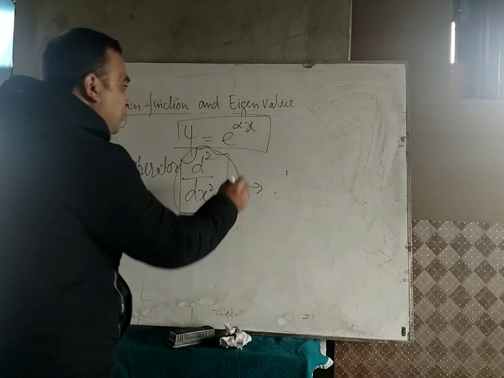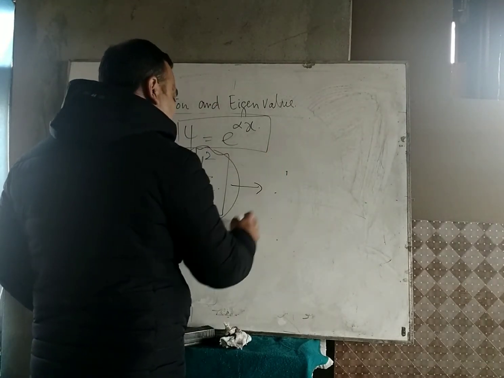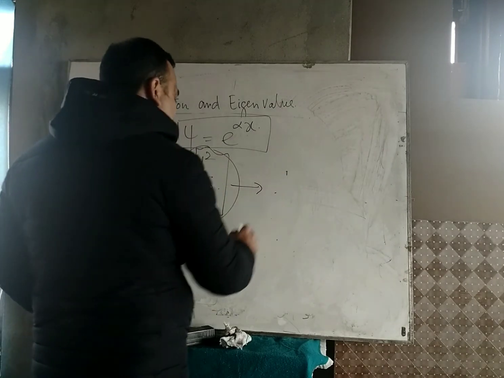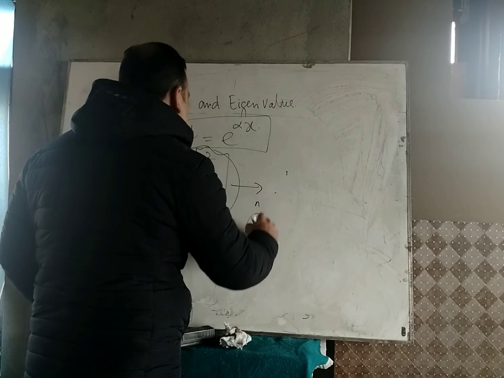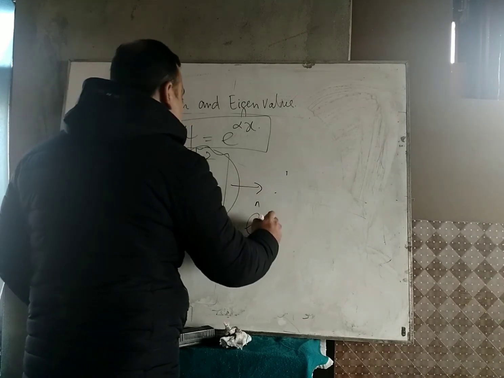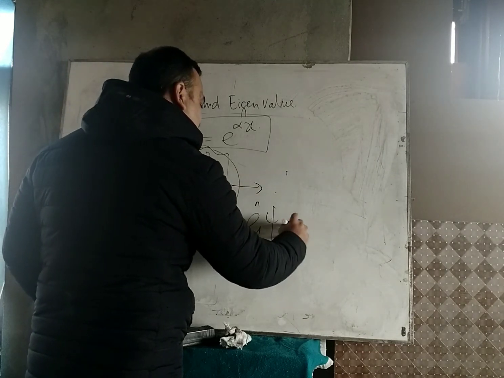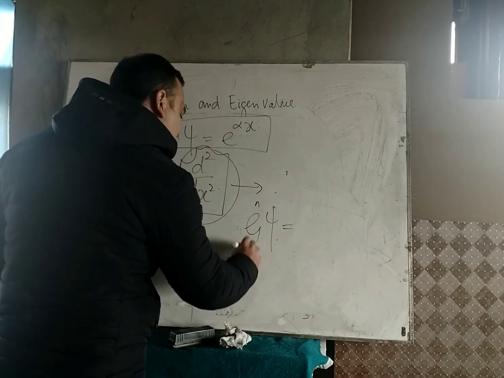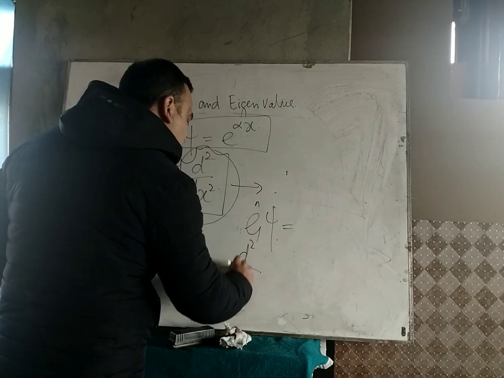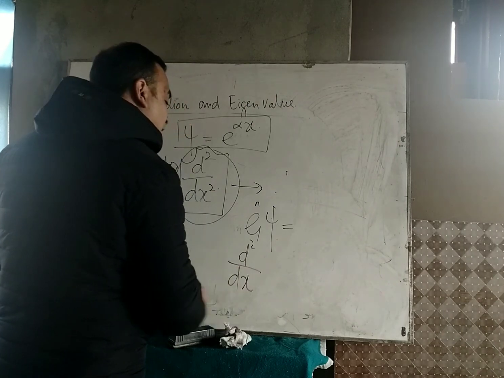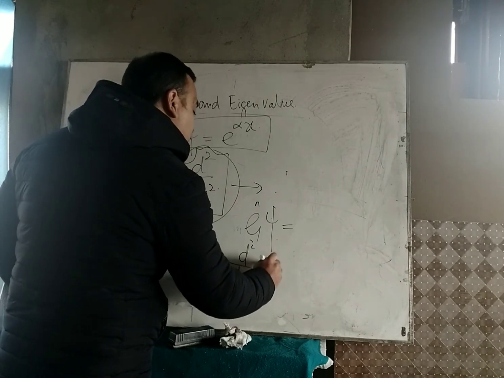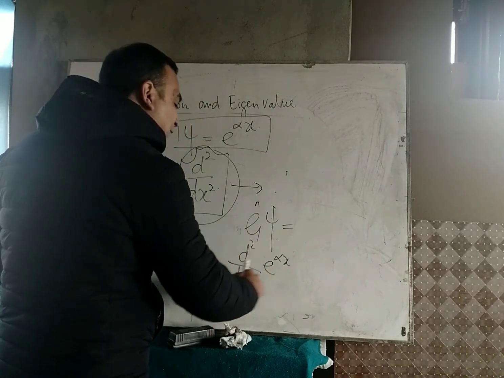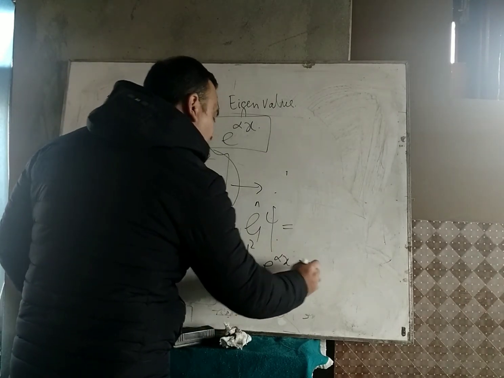So the problem is quite simple. I will write here, I'll call it G cap. So G cap psi. Instead of G cap, I'm going to use the double derivative, and instead of psi, I'm going to use e to the power of alpha x. When you take the double derivative of this, what will we get?